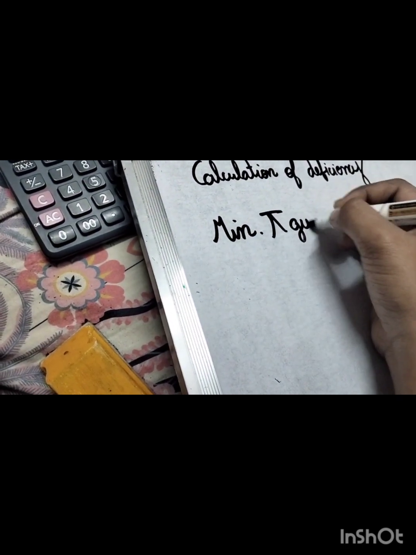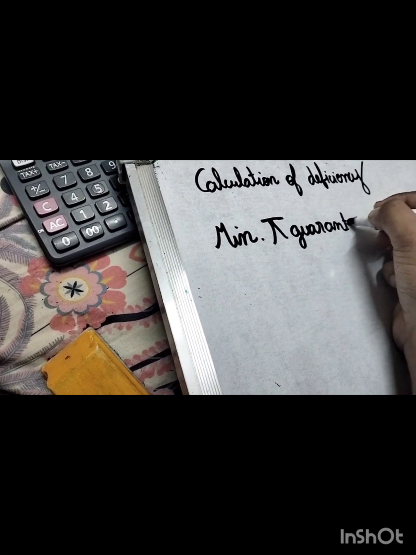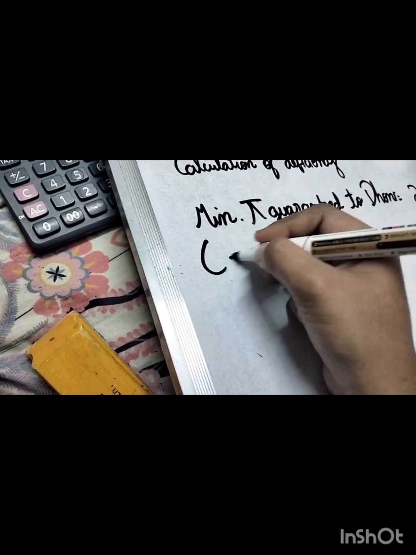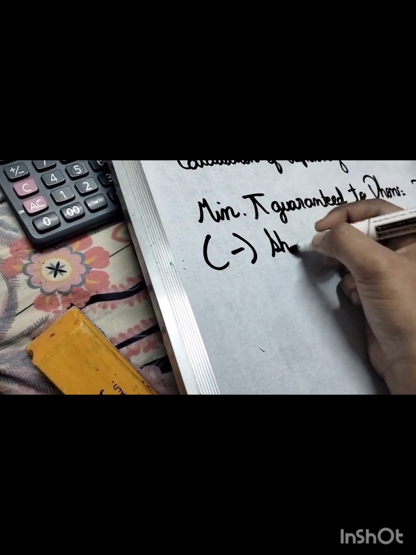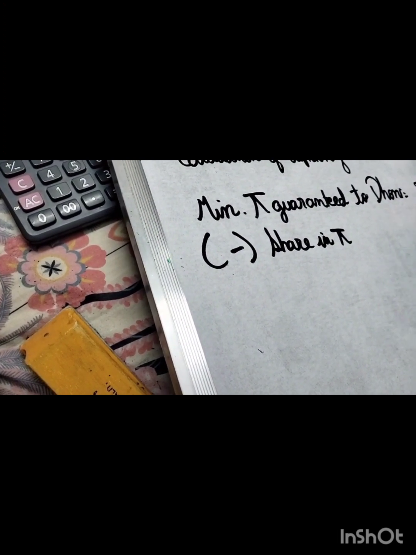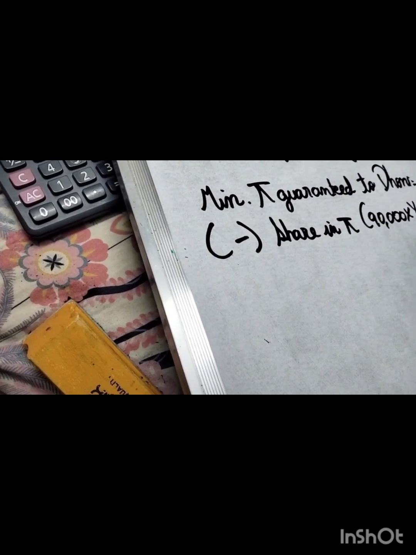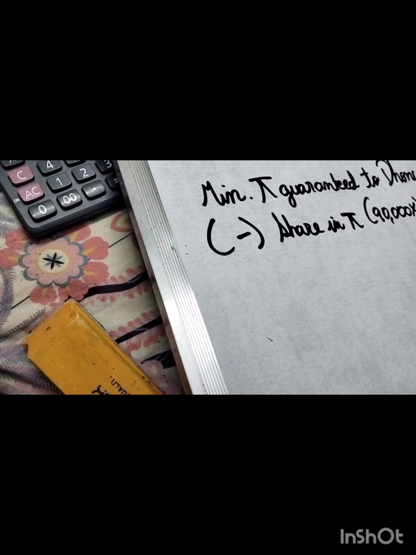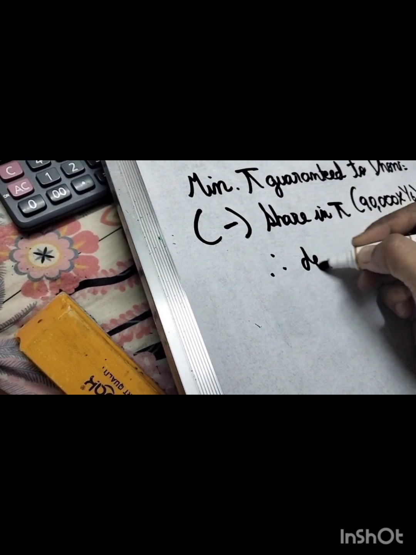Minimum profit guaranteed to Dhoni, that's already given in the question, that's 25,000, and then you subtract share in profit. That's nothing but 90,000 into 1/6, it's 15,000. So therefore your deficiency is 10,000.